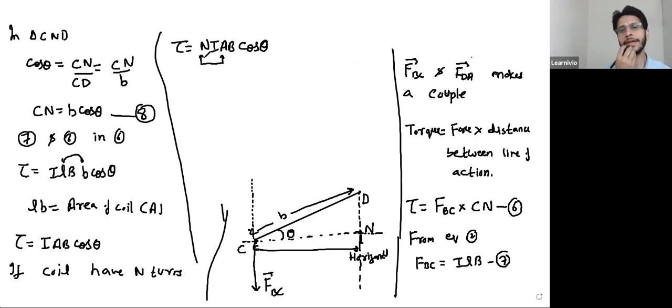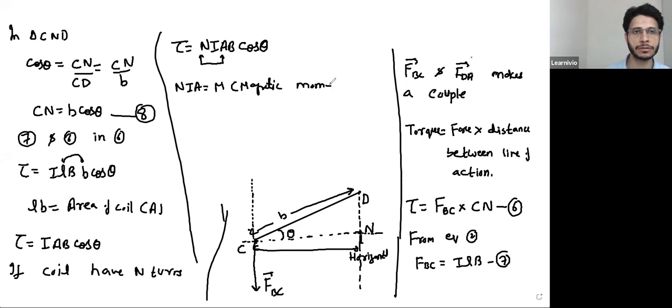So how much is NIA? Does anyone remember what is NIA? Very good. M, which is magnetic moment. So instead of NIA, if I substitute M here, this comes out to be MB cos theta. Just tell me one more thing. What is direction of magnetic moment?